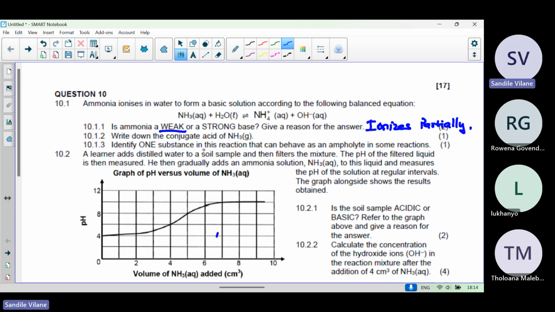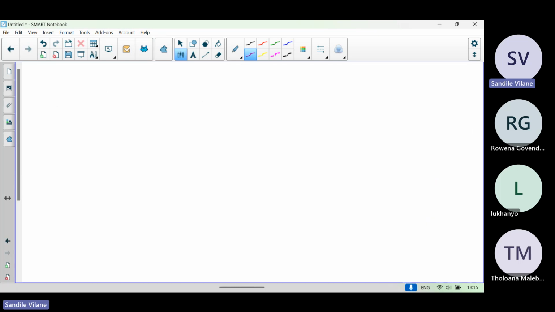Write down the conjugate acid of ammonia. Remember, we spoke last time. When we want to find the conjugate acid, what we are indirectly telling you here is that ammonia is a base. Remember, it's only the base that can form a conjugate acid. How so? Take, for instance, your ammonia and water forming the ammonium ion and the OH minus.